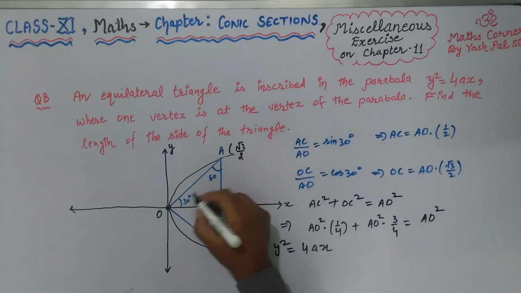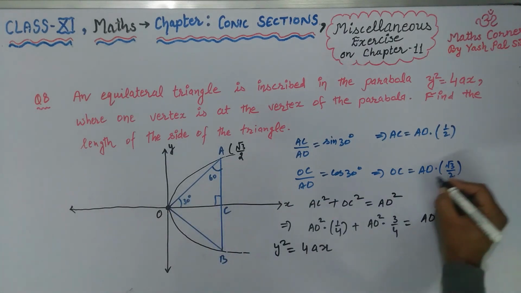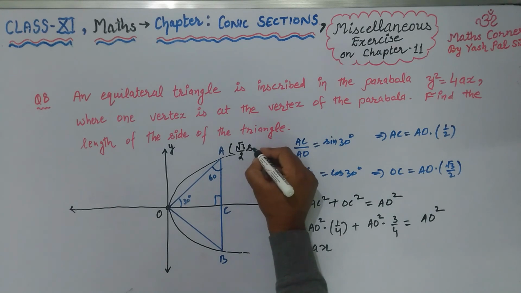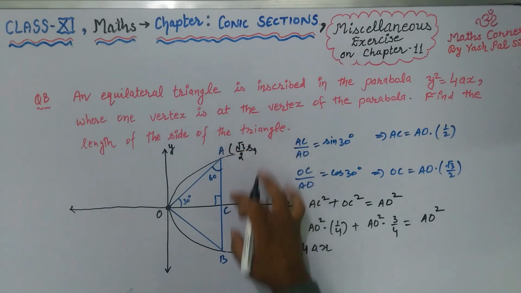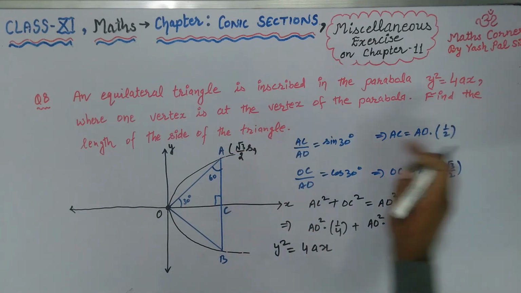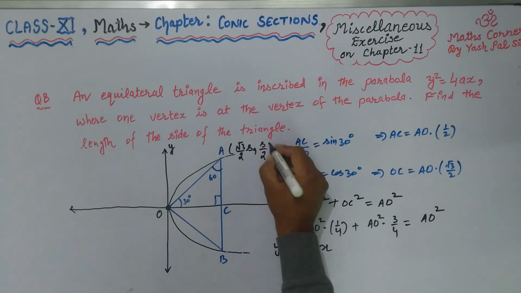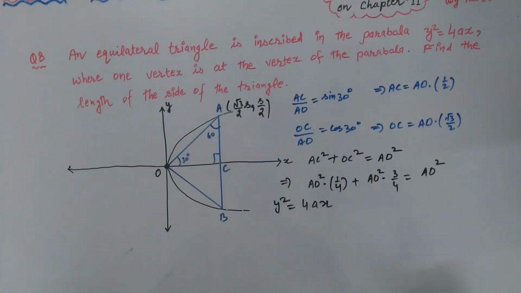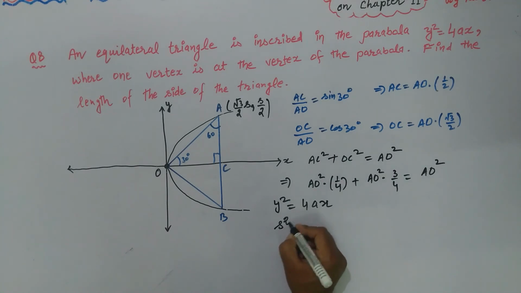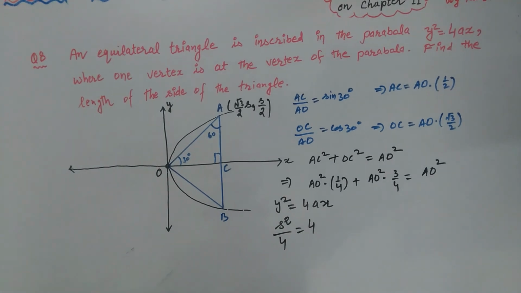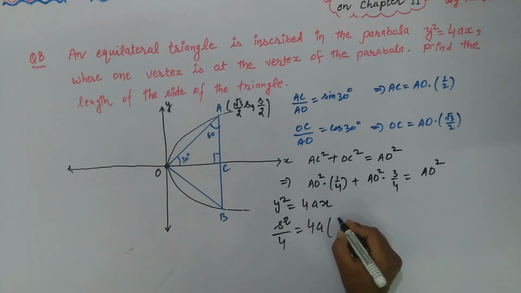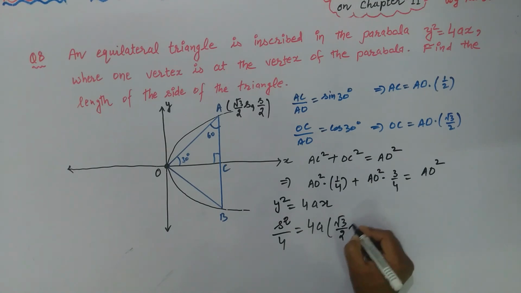Here if we suppose the side of the triangle is equal to S, AO is S, then this becomes (root 3 upon 2 S, comma height is AC, AC means AO upon 2, that is S upon 2). So we substitute these values here, that is S square upon 4 is equal to 4 into a, x is square root 3 upon 2 into S. So 2 2's are 4, so one S is cancelled.